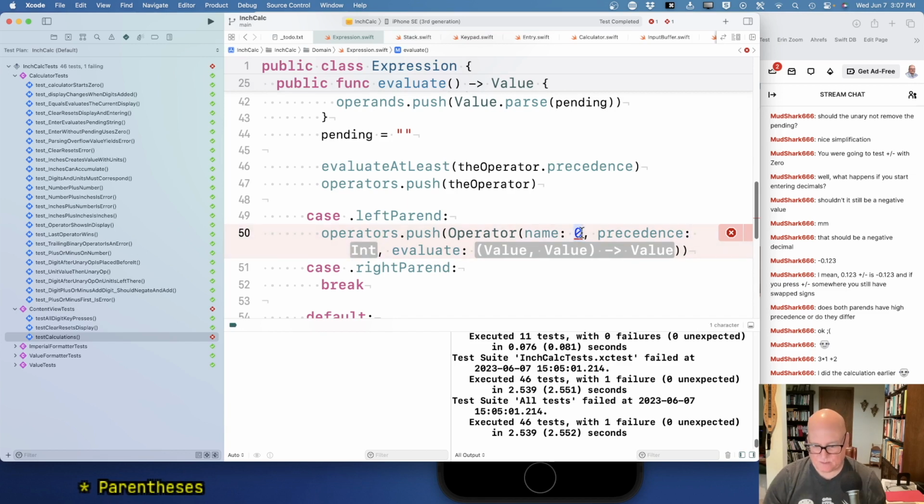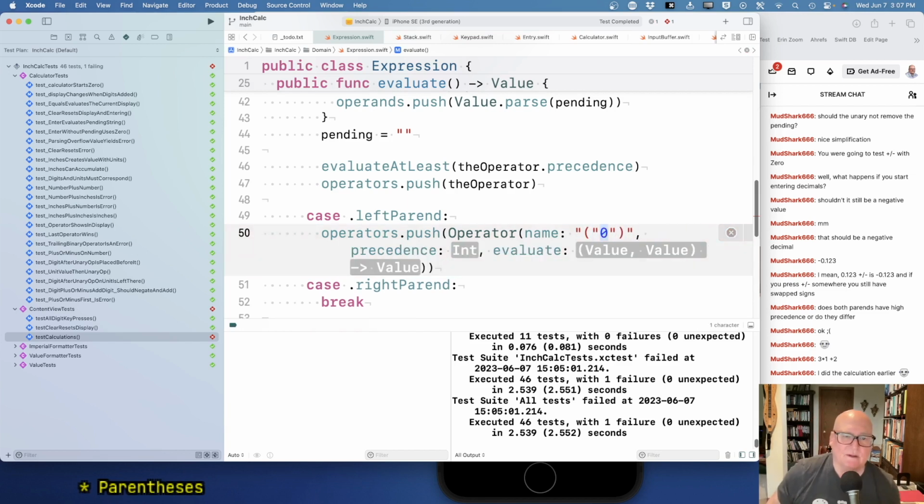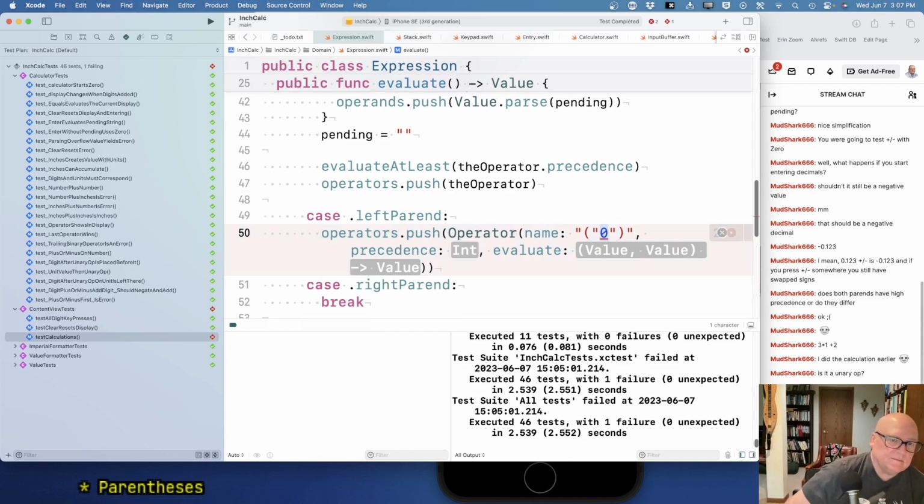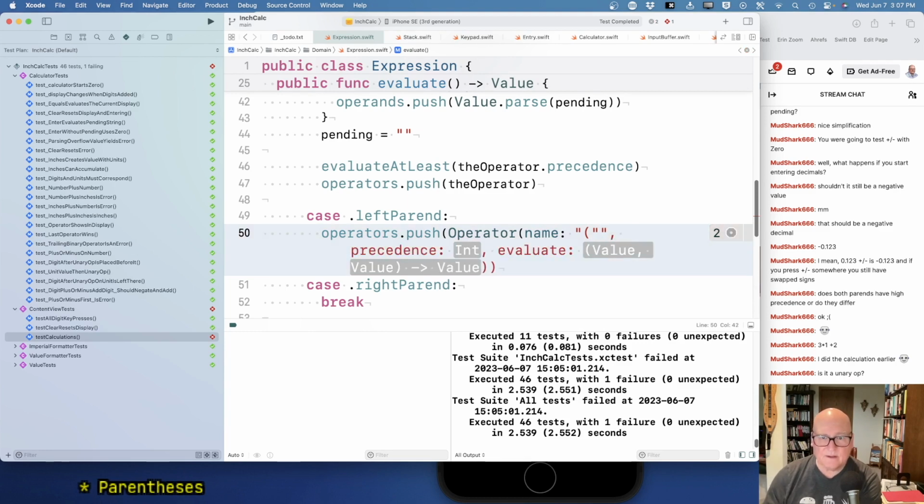That's a good question. It kind of is, but I mean, it's unary in effect, but it's not a unary operator. I don't even know why. Well, what's going on here? Name empty. In effect, its precedence.